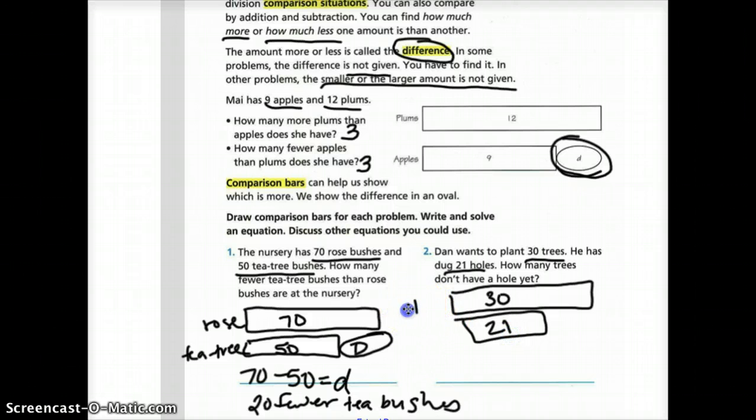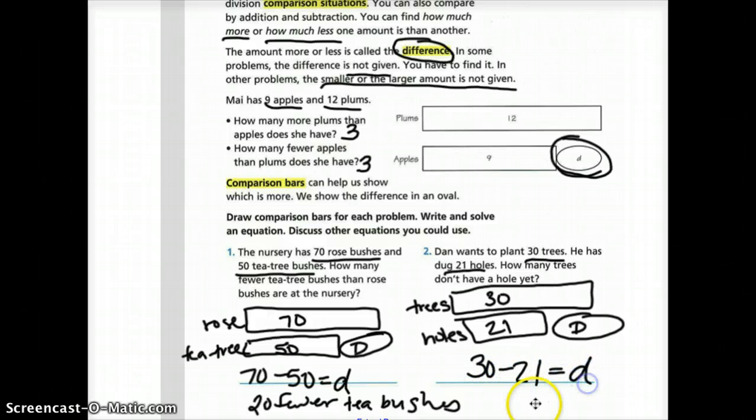This is trees. This is holes. My difference is right here. So I know that 30 minus 21 equals D. So that means there are 9 trees that do not have holes.